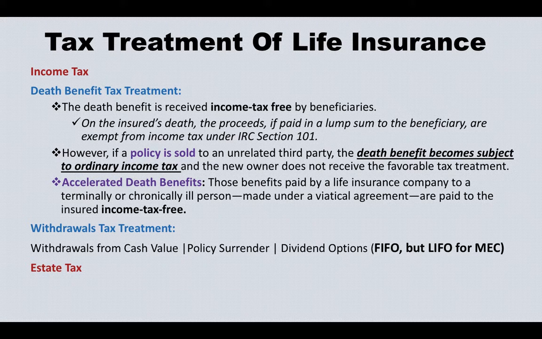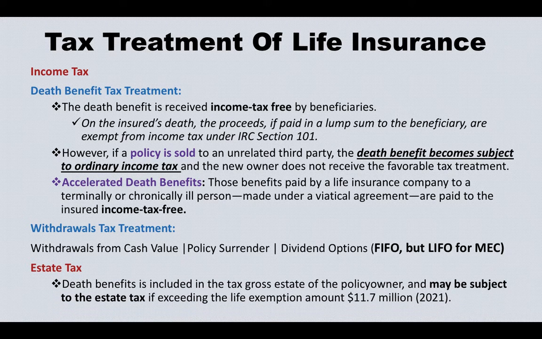Now we talk about estate tax. The death benefit is income tax free to the beneficiary. However, the death benefit is included in the gross estate of the owner, who is also the insured. If you have a significantly larger estate, you will be taxed on the estate subject to estate tax, which is 40%.